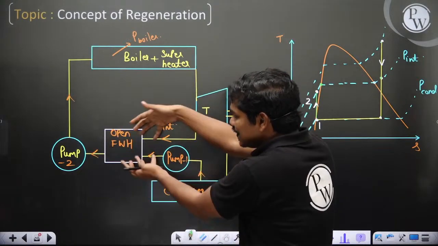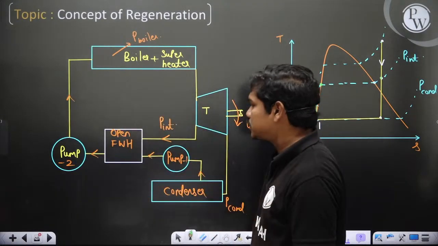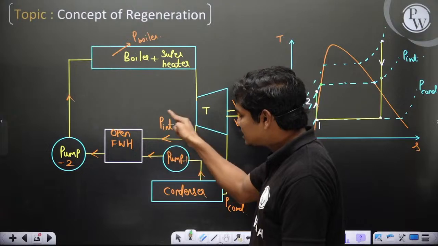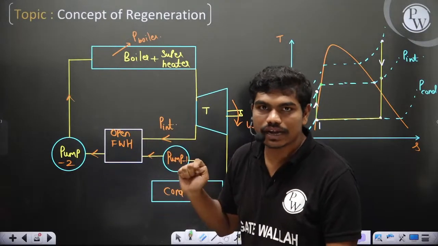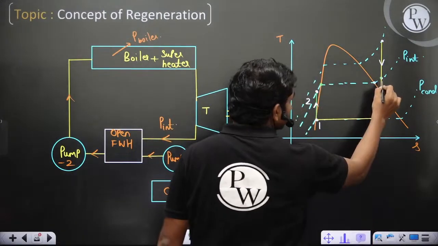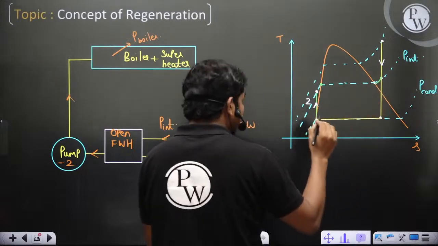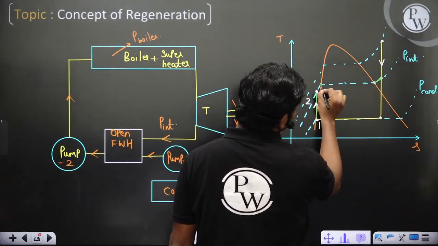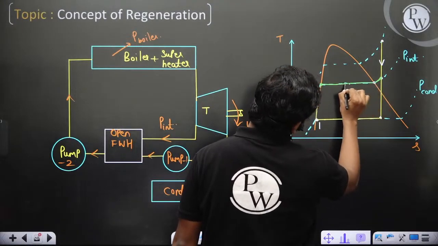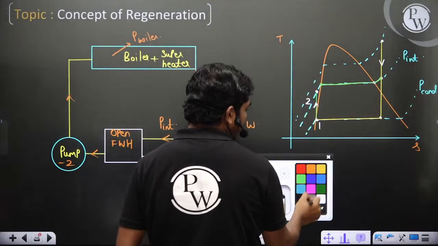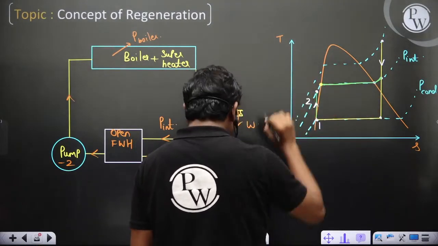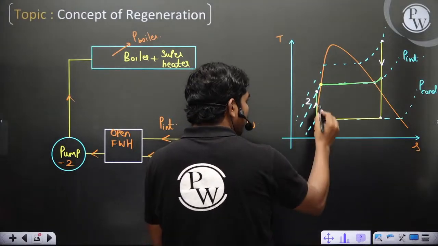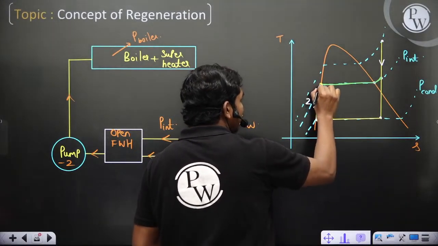That means the heat transfer should be such that this steam completely gets converted to liquid. The steam you are taking out here, because of losing heat at constant pressure, traces along this path and ends up at this state, and the water coming from the pump also gets heated up and lands at this state.